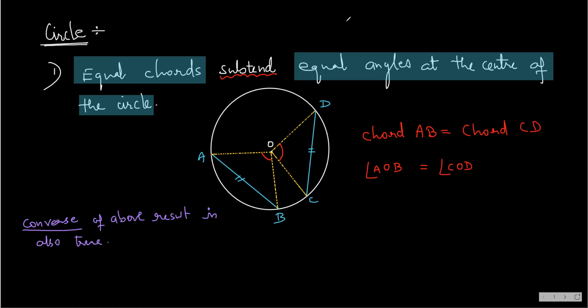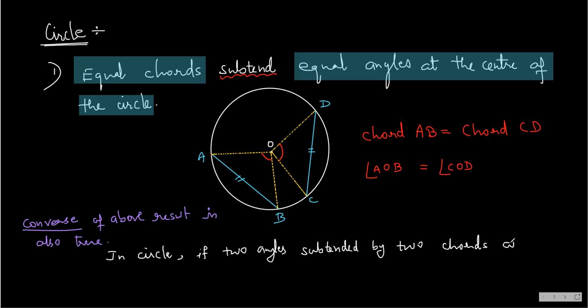So here I will write the converse. In a circle, if two angles subtended by two chords at the center of the circle are equal, then the two chords are also equal.